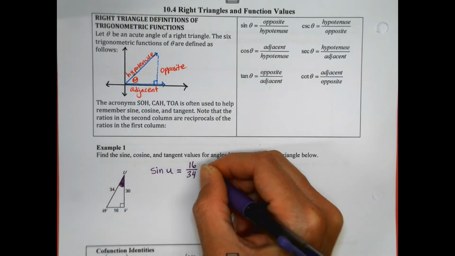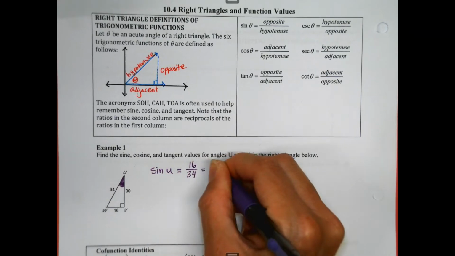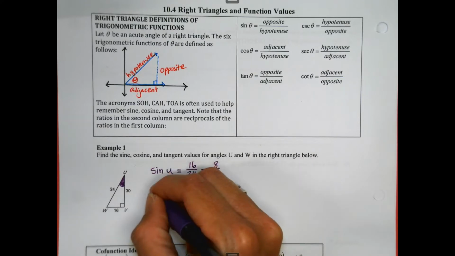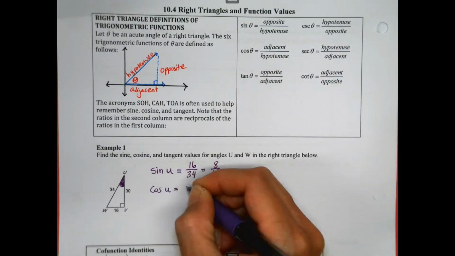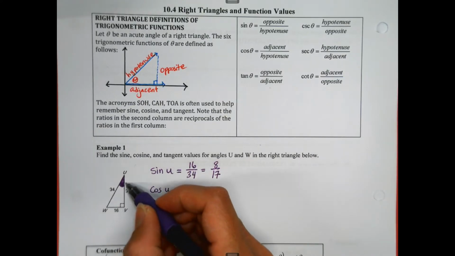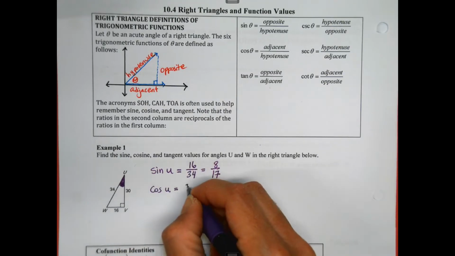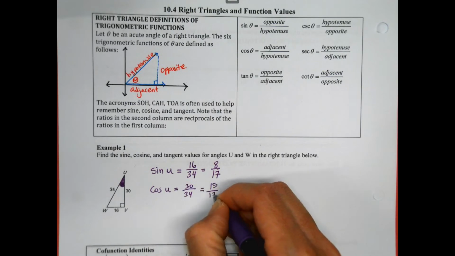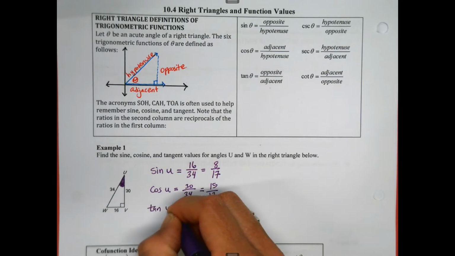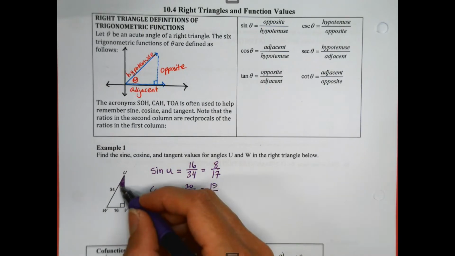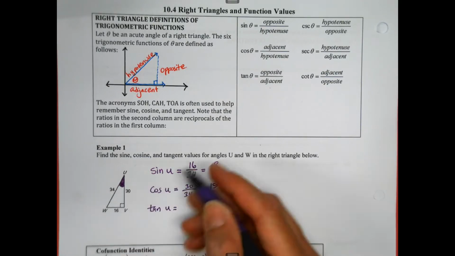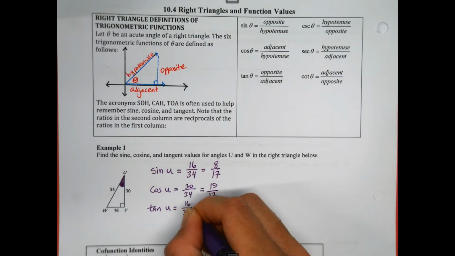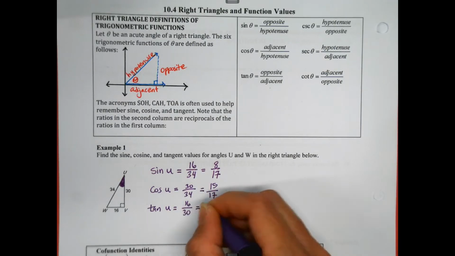We could simplify that to 8 over 17. The cosine of U is going to be adjacent, so the side that touches it, over our hypotenuse. And that simplifies to 15 over 17. And then tangent of U is opposite over adjacent, 16 over 30, which simplifies to 8 over 15.